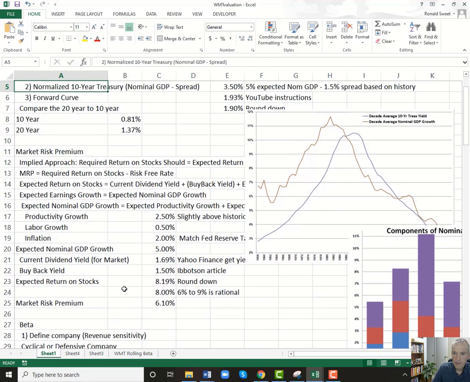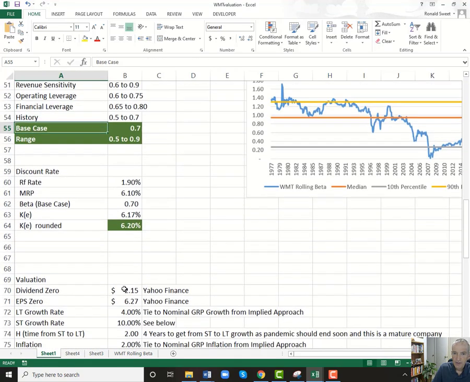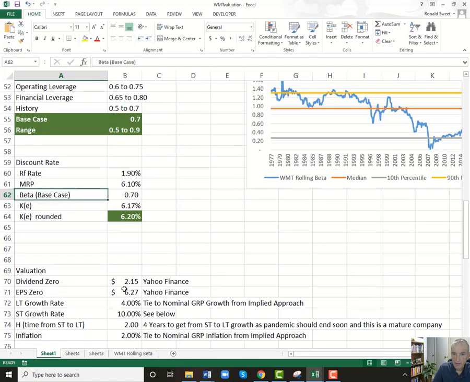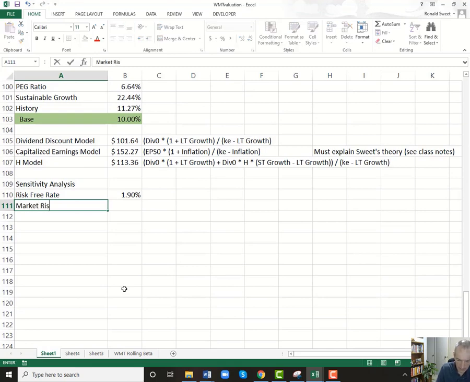So we decided the risk-free rate was, I think, 1.9%. Let's just print it all down here. And we decided our market risk premium is 6.1%. And so those are the basic assumptions that we will not change. We'll use those for everybody.